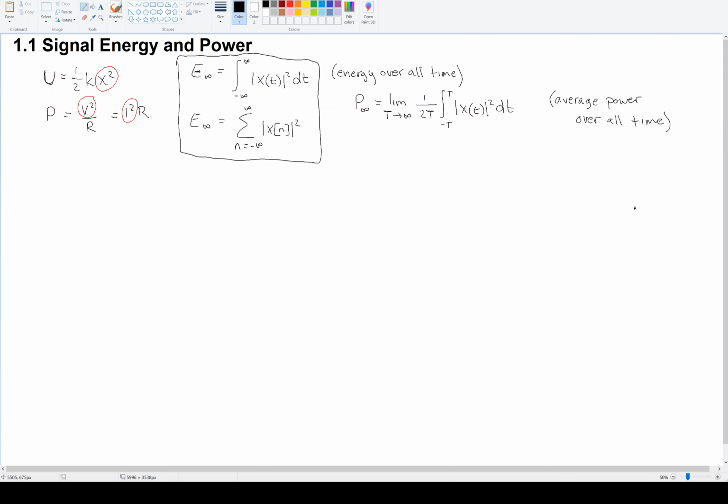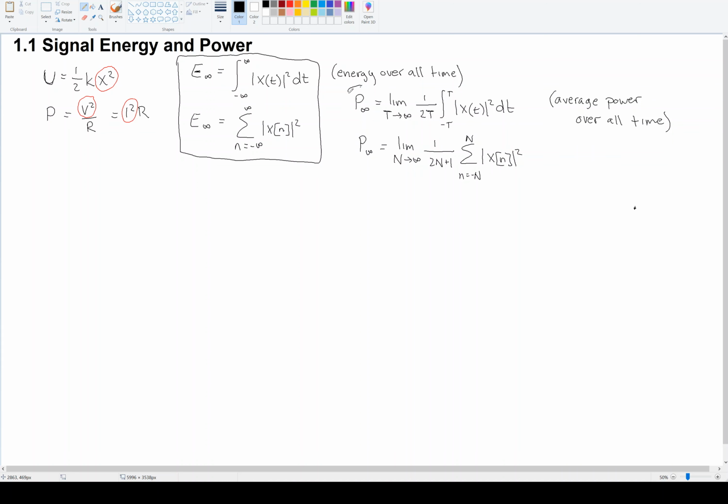Okay, and not to be outdone, in discrete time, we're going to say the limit as some capital N goes to infinity of 1 over twice that capital N plus 1, a summation from negative n to positive n of, again, the square of the absolute value of our signal.